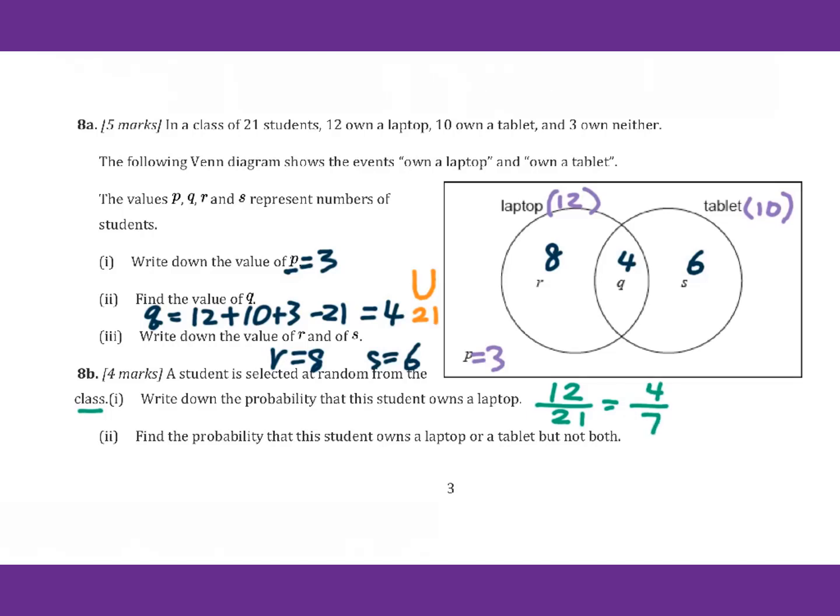Second one, find the probability that the student owns a laptop or a tablet, but not both. Not both, that's 4 is out. So 8 plus 6 over 21, that is 14 over 21 will be the probability. Simplified will be 2 over 3.